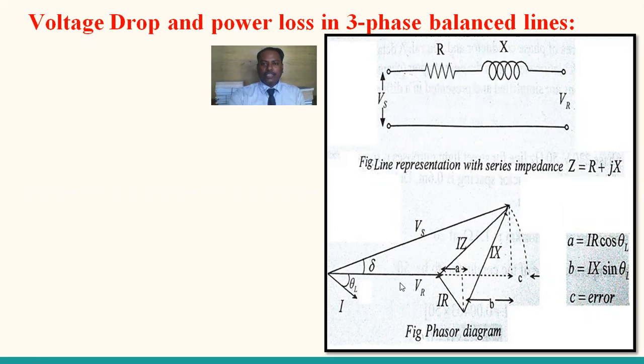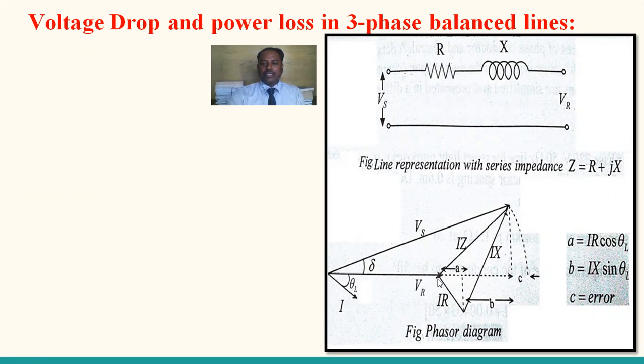So let us analyze the three-phase balanced system. Out of three phases, only one phase is considered for analysis purposes. The receiving end voltage is the reference vector, and the load current is lagging the receiving end voltage by an angle theta L. The resistive drop as well as the reactive drop are considered.